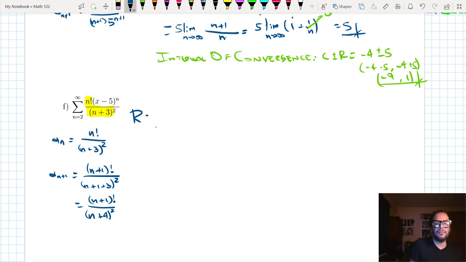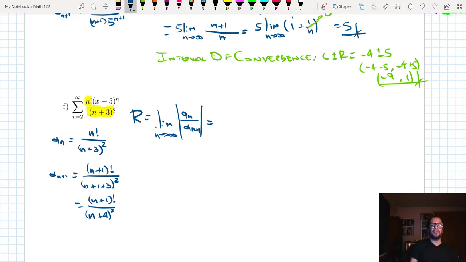So the radius of convergence will be the limit of the absolute value of the ratio between a sub n and a sub n plus 1 as n approaches infinity.